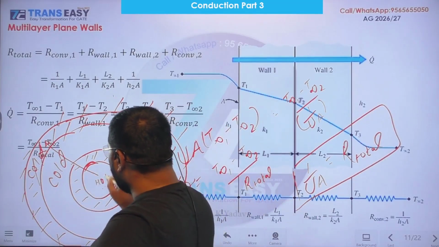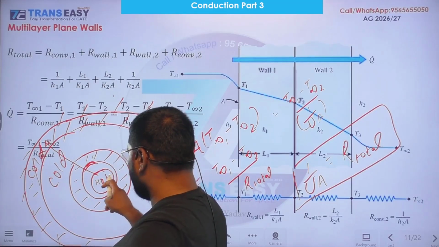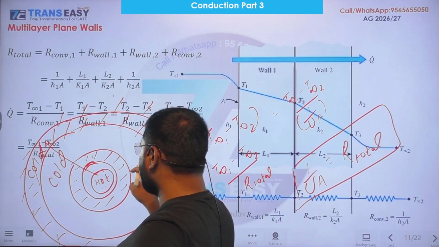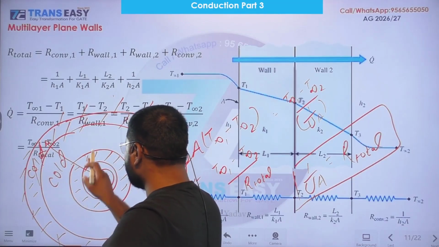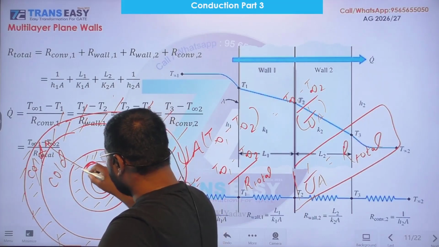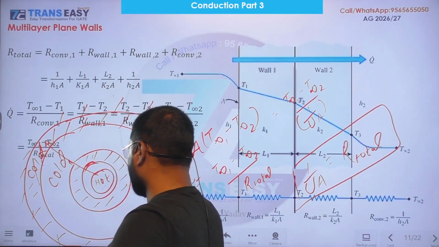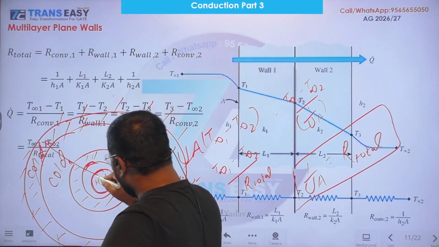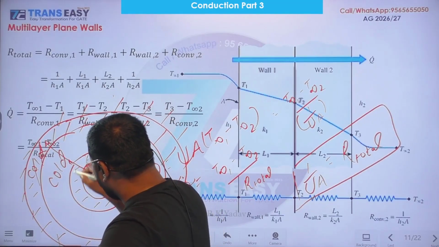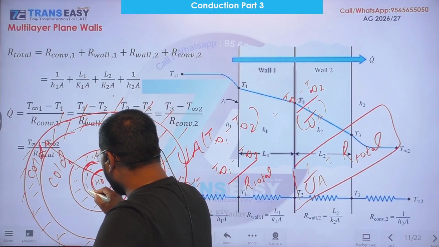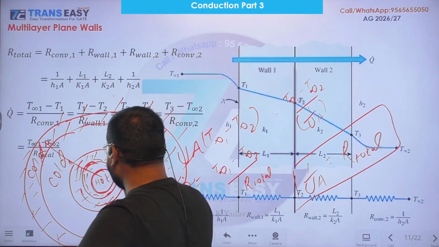So hot fluid is flowing through inner pipe, and cold fluid is flowing through this annulus space. So this is the direction of heat transfer, right? So in the direction of heat transfer, you can easily visualize area of flow is increasing.